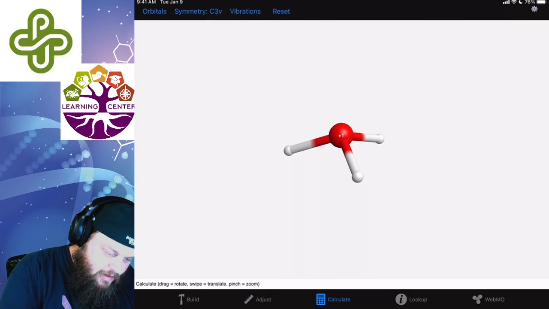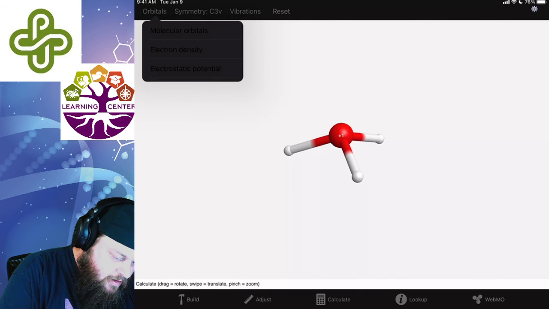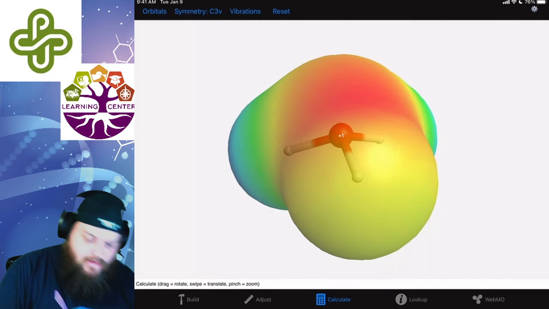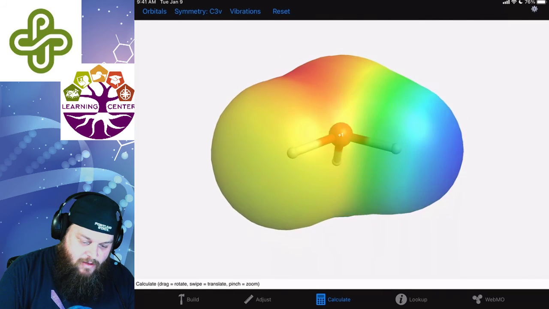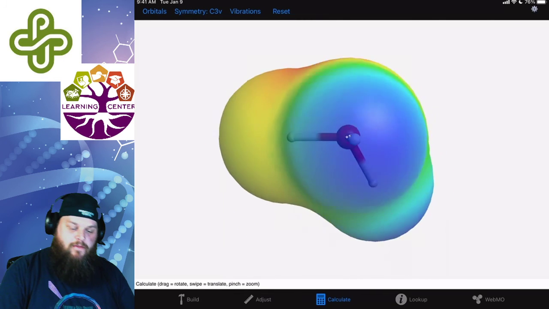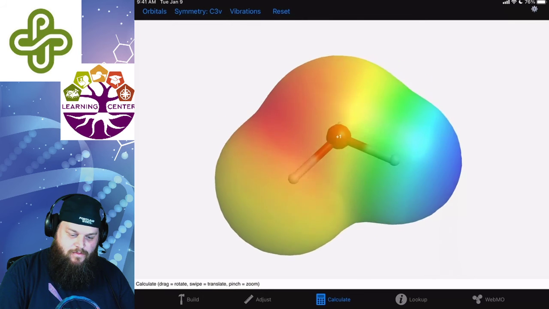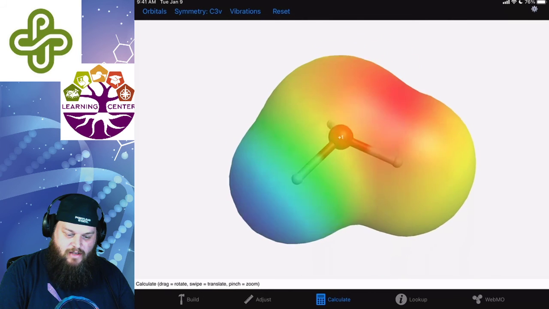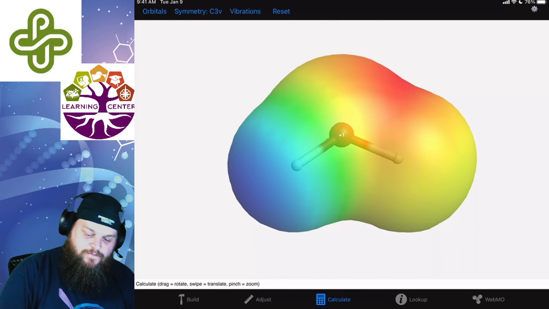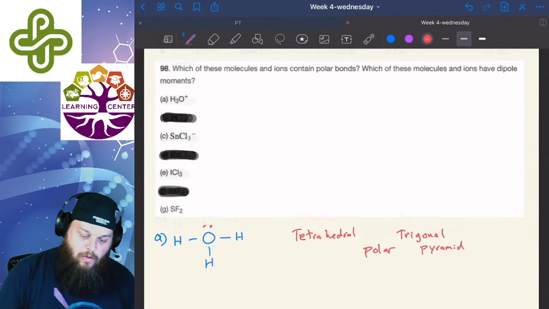We can then calculate its electron density. Let's give it some color for the electrostatic potential, and you can see that that red side of it is much more electronegative than this opposite side down here, even though it has 3 hydrogens attached to it. So it creates this dipole moment in there, and we have that polar molecule then.